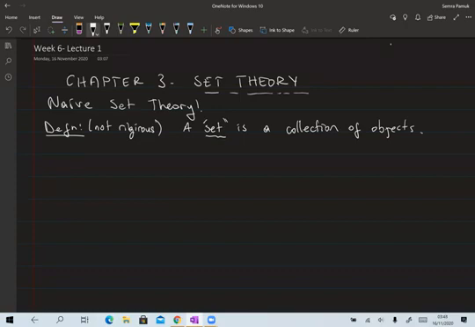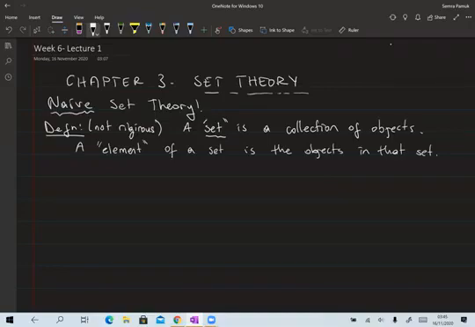Another thing is an element, for which we are not going to give a proper definition. An element or a member of the set is an object in that set. As I said, as the name suggests, these are naive definitions, not actual definitions.